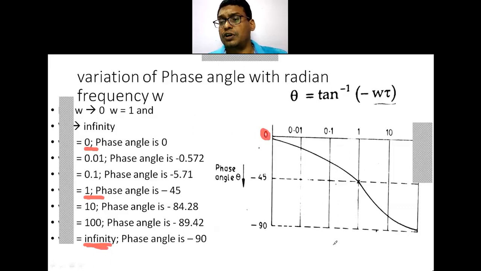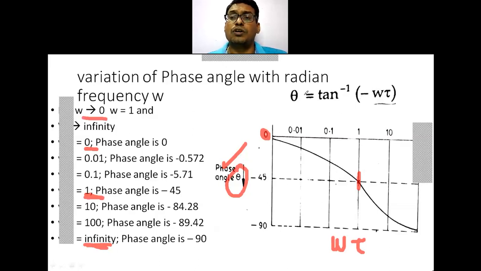This is omega tau on the x-axis, and on the y-axis is the phase angle theta, and this is the origin, and this is the point at which omega tau is 1. Now if I substitute omega tau tends to 0, tan inverse of 0 becomes equal to 0, so the phase angle is 0.